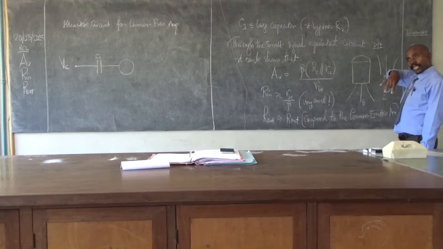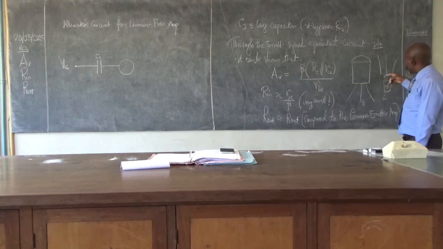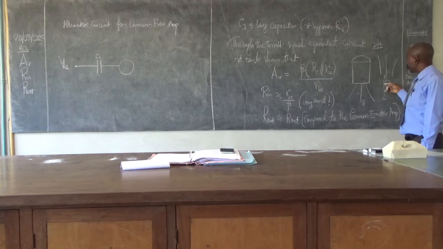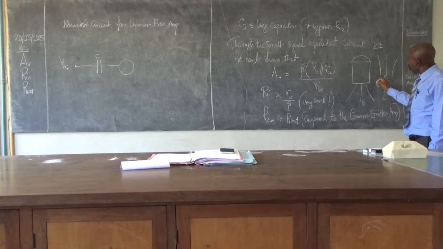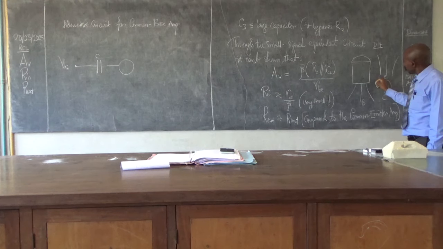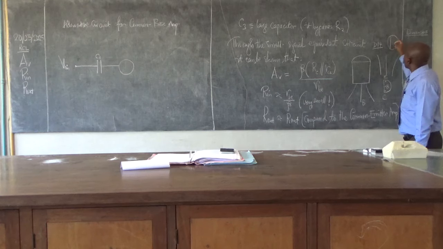If you now put the legs in the breadboard, that means the emitter goes down if it is facing this way. So for D14, you have the transistors drawn like this.